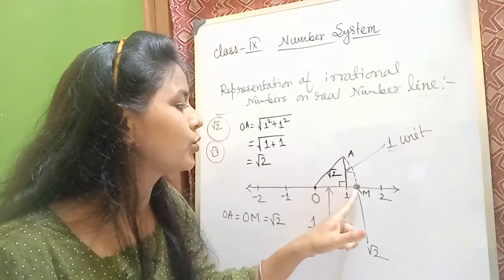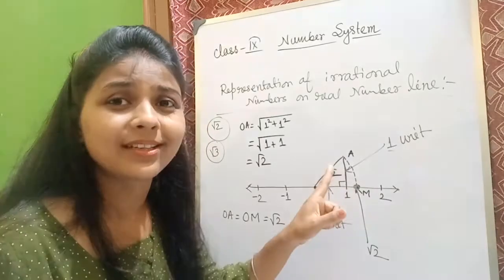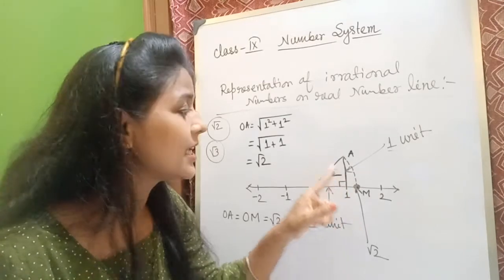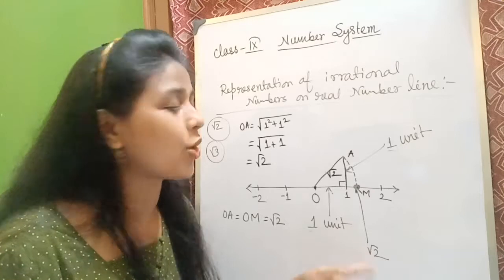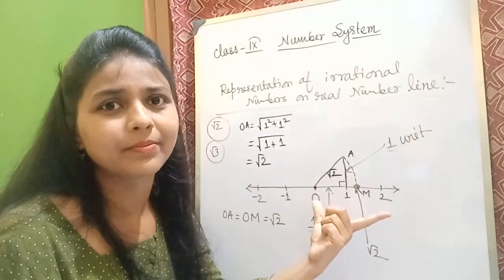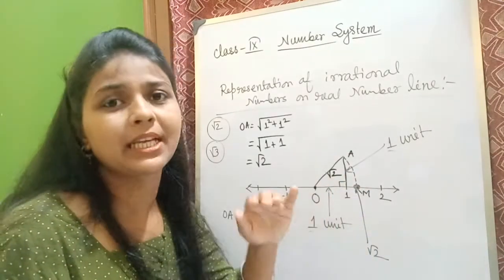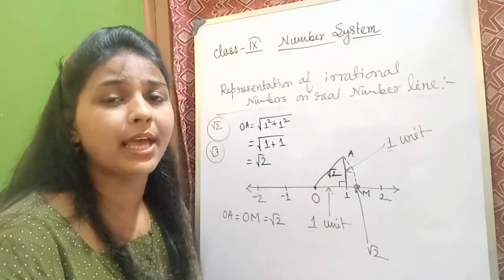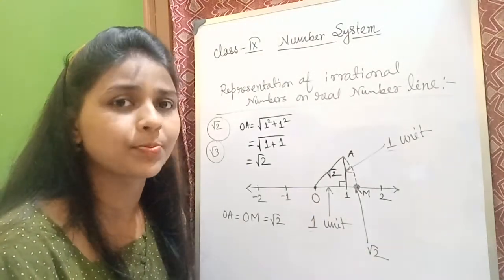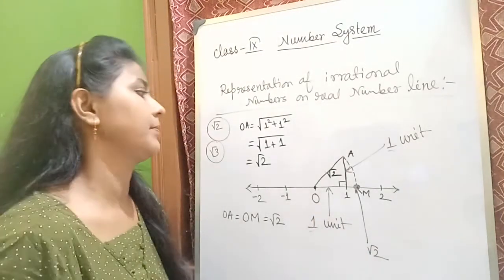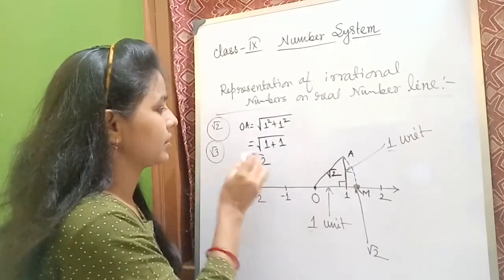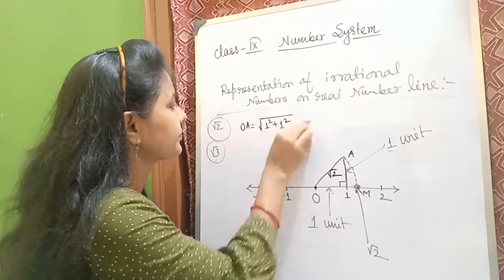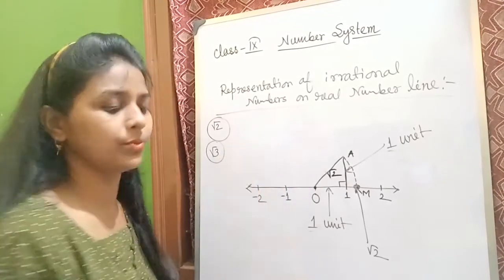Then we are getting root 2 placed on the number line, right? That means root 2 has a unique spot on the number line. So irrational numbers also can have a unique spot on the number line. So this is done for root 2.